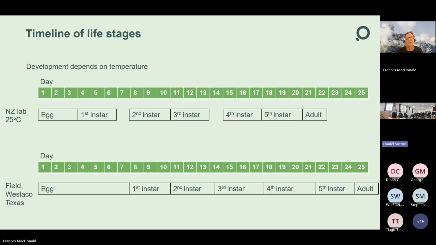You heard Francis talk about degree days, and that normally we use that for insect development. So very often people do experiments where they put them at a certain temperature and then see how long it takes to go through the different life stages. So this is our lab colony.